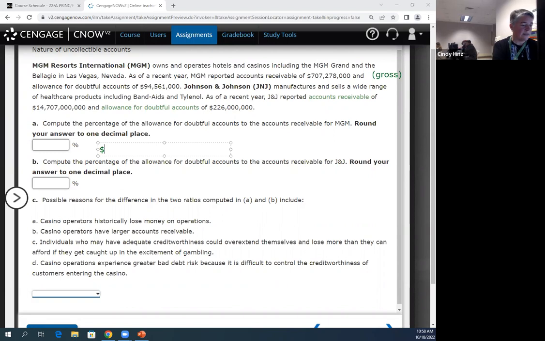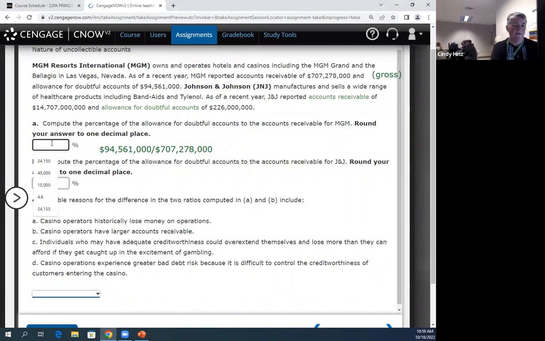So we're asked to take the dollar amount in that allowance account, divide by the gross or total receivables, and round to 1 decimal place.